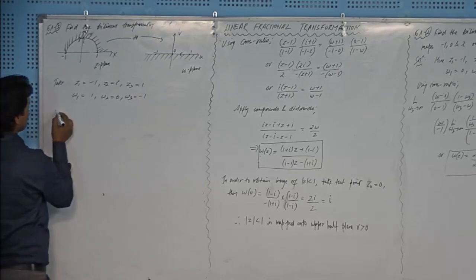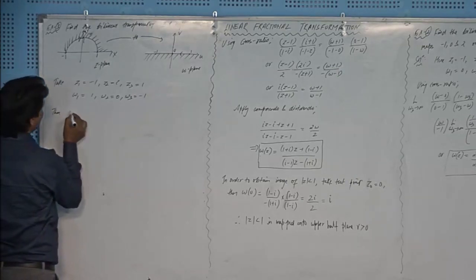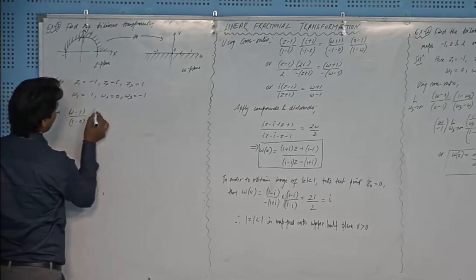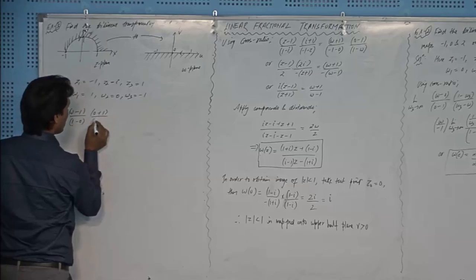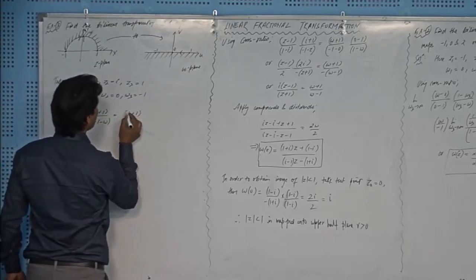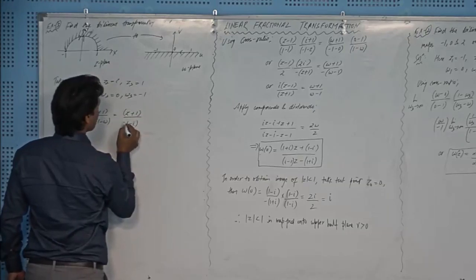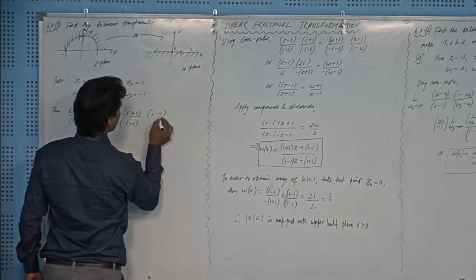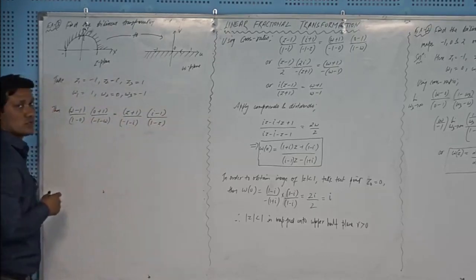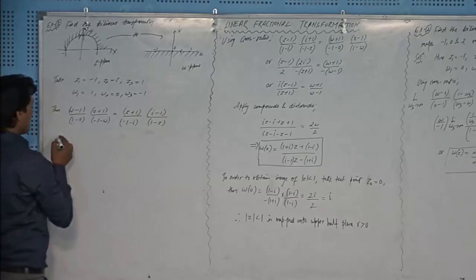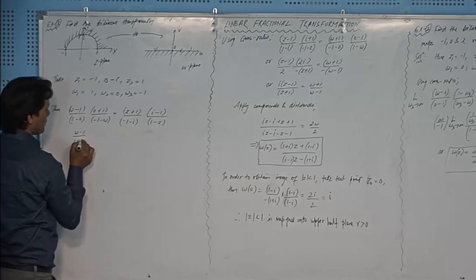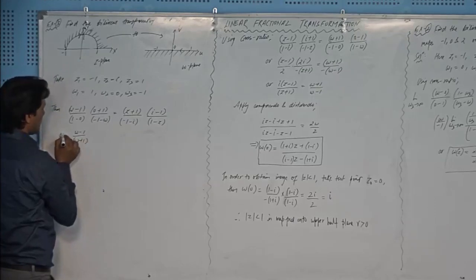Now, using cross ratio, (W minus W1)(W2 minus W3) over (W1 minus W2)(W3 minus W) equal to (Z minus Z1)(Z2 minus Z3) over (Z1 minus Z2)(Z3 minus Z), right? Now it all remains to simplify these ratios, and that will produce, I think, 1, 1, okay, W minus 1, and this will be W plus 1, and I should take minus common.